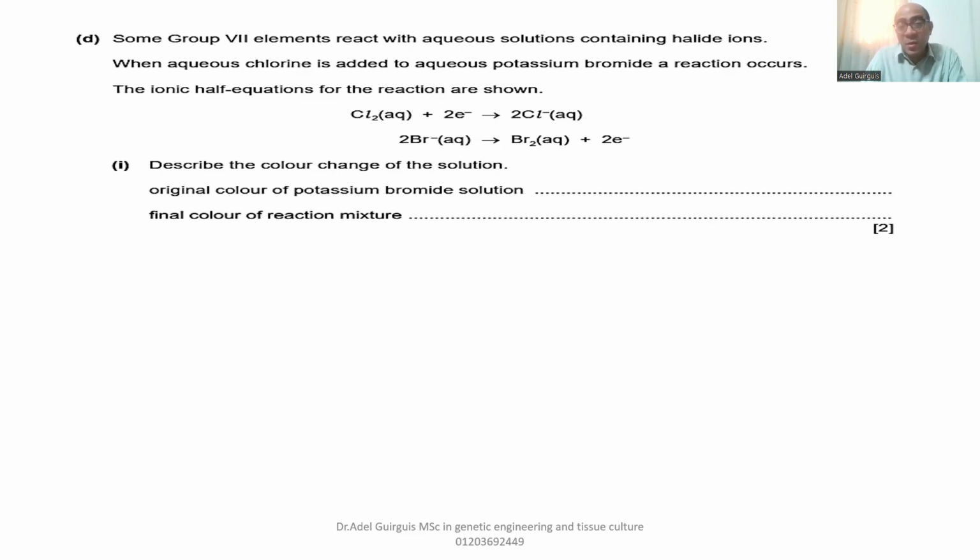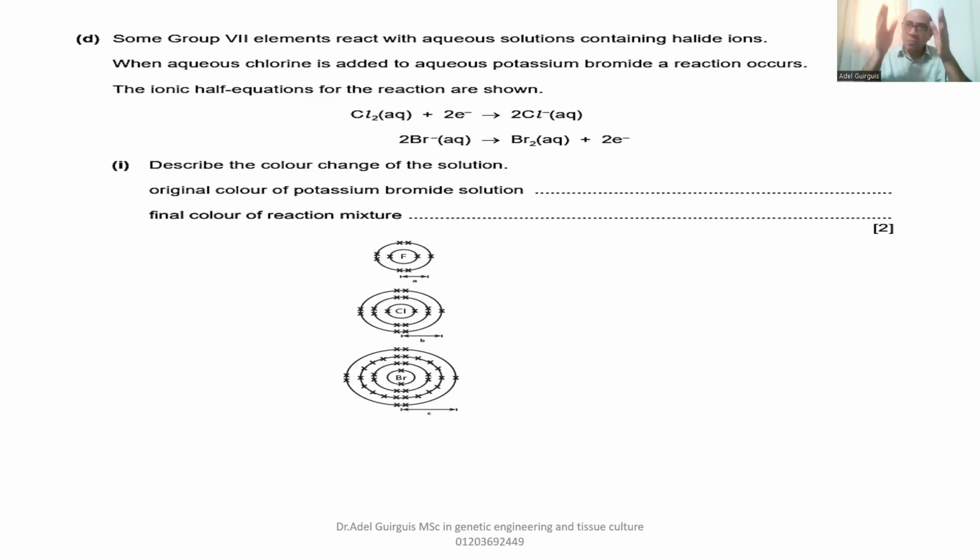Let's revise group 7 again. Here, group 7, fluorine, chlorine, bromine. As we go down, the size of the atom becomes bigger, like group 1 which we discussed before. What about the 7 electrons in the outermost shell? They become further away from the nucleus.